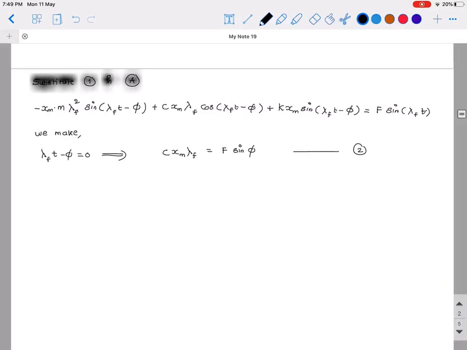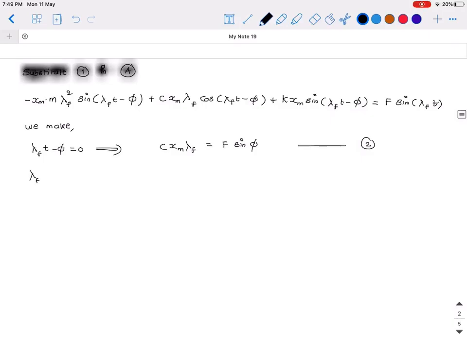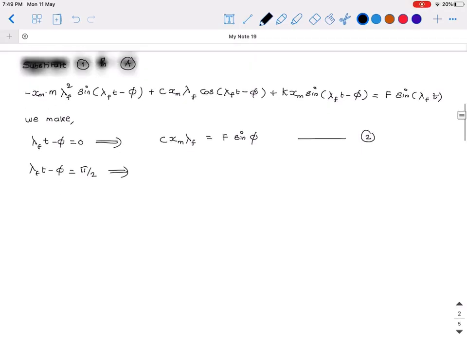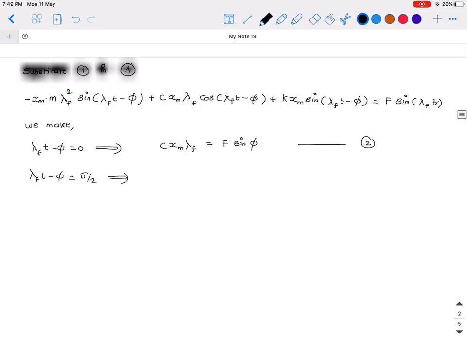Then you make lambda f t minus phi equal to pi by 2. So in that case all the cosine terms go to 0 and the sine becomes 1. So what you get is k xm minus xm times m lambda f square equals F cosine phi.